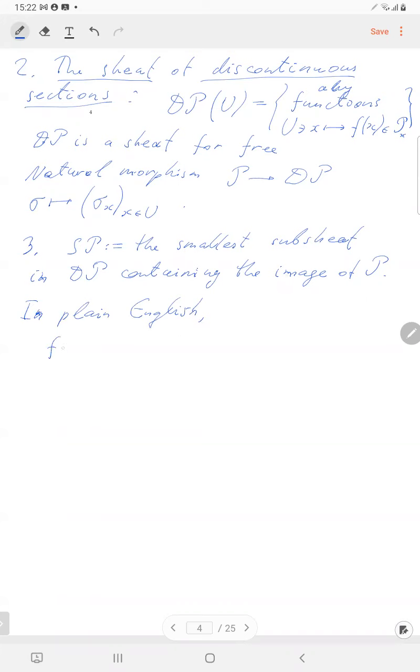F lies in the sheafification of P of U if U is the union of some smaller U_i, and F restricted from U to U_i comes from an actual section sigma_i in this presheaf. I forgot which was the upper and lower index.